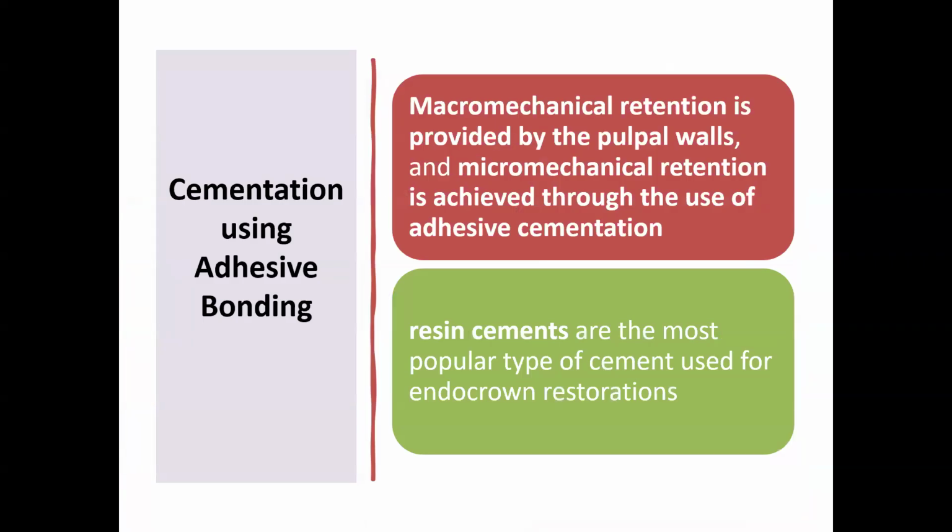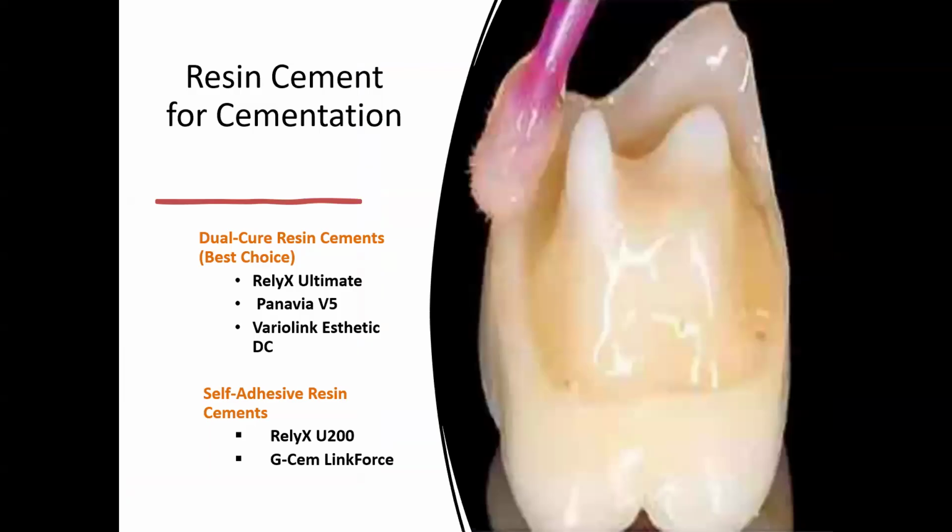Since we are already giving either lithium disilicate or an E.max crown, the retention should be provided in the enamel area. So resin cements are more adequate for cementation of endocrowns.